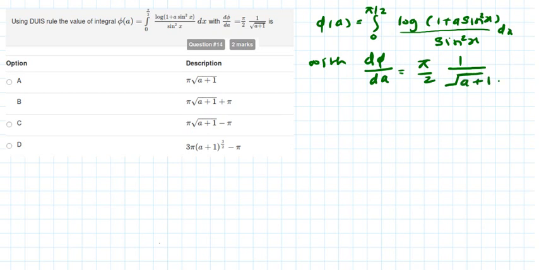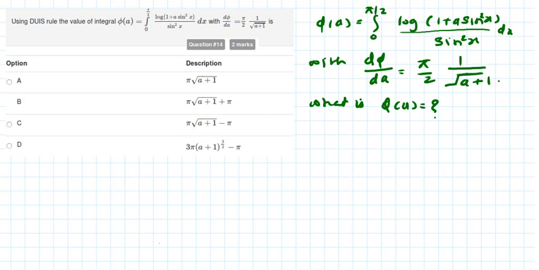Then what they are asking is, what is the value of this integral, what is the value of phi of a. So this is our question.